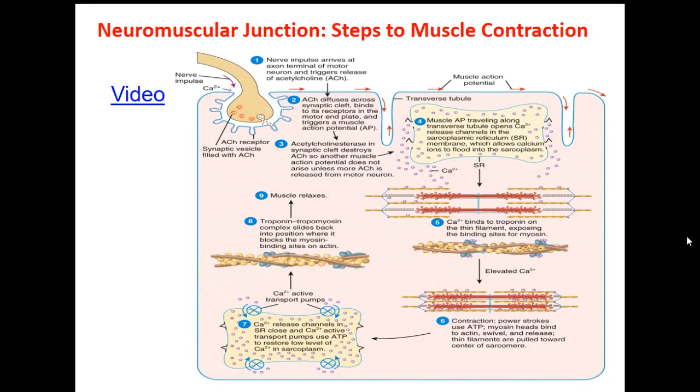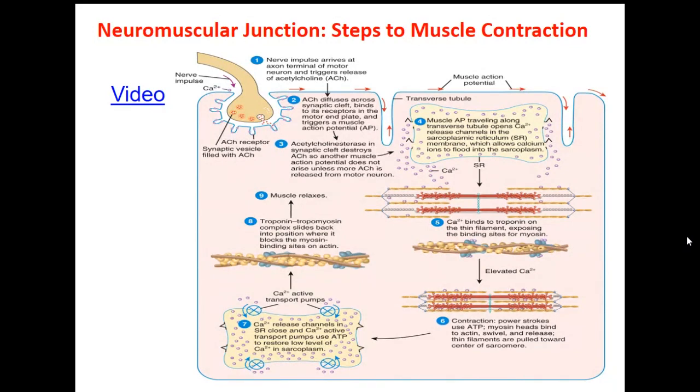When this calcium comes into contact with these troponin molecules, they change shape and pull the tropomyosin, these long twisted ones, off of the binding sites on these actin molecules of the thin filaments.